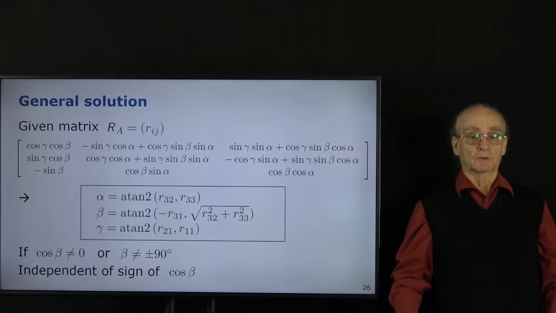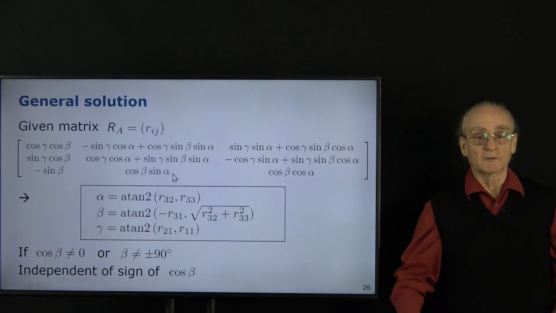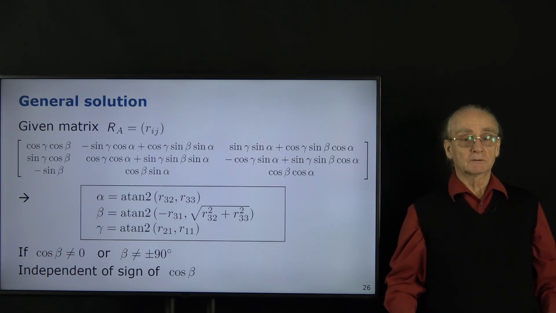So let's have a look at what happens. Let's assume we have given a rotation matrix with numbers, and we would like to derive the three angles, and we know that the rotation matrix has this structure. That means this is a definition of how the rotation matrix depends on the three angles. And we want to have the numerical values for alpha, beta, gamma. Now let's have a look at alpha. Where is alpha?